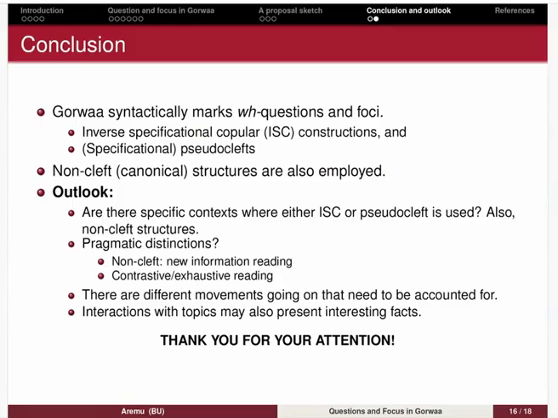So if you tie answers to WH questions to be equal to new information, then Gorwaa will say no, because we have answers to WH questions that are pseudo cleft, right? But another way to look at it is that in Gorwaa, the WH question already is a pseudo cleft. And if you have question answer congruence, then you have answer pseudo cleft, right?